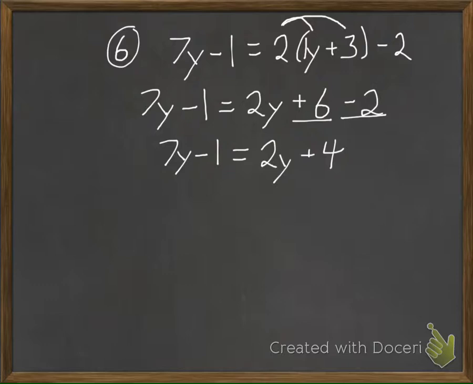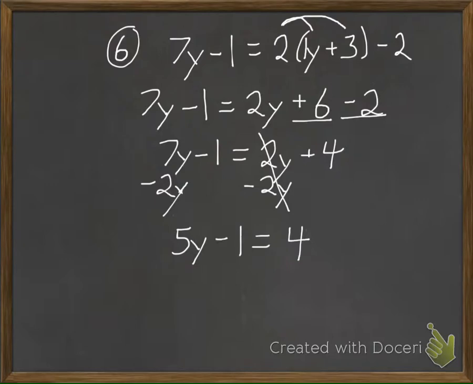Since it's 2y, I need to subtract 2y because it's positive. So I'm going to subtract 2y from the left-hand side as well. On the right it cancels, which leaves me with just 4. And on the left, 7y minus 2y gives me 5y. And then I still have the minus 1. So I get 5y minus 1 equals 4.